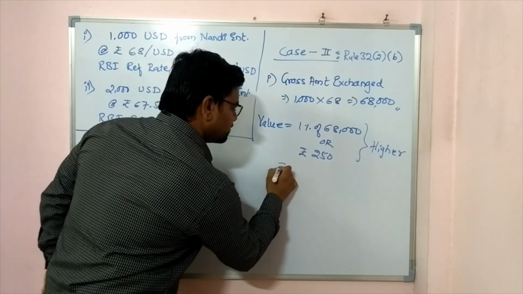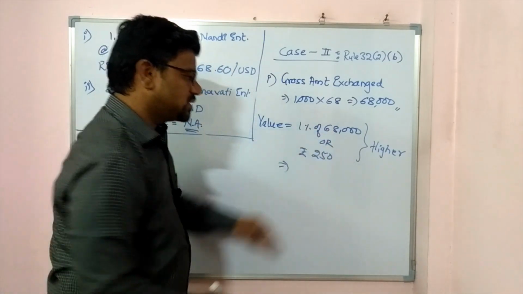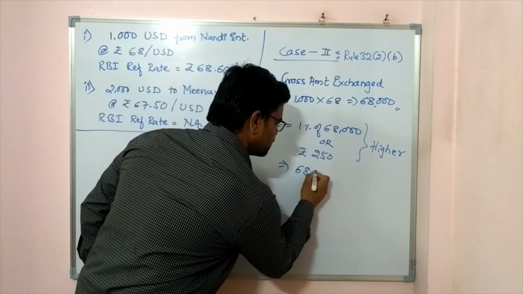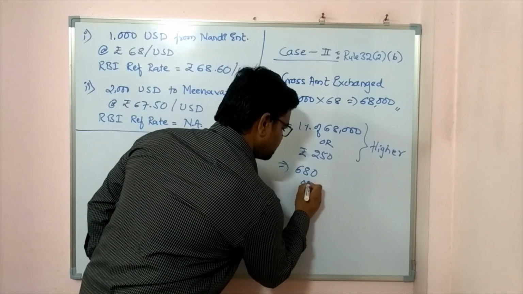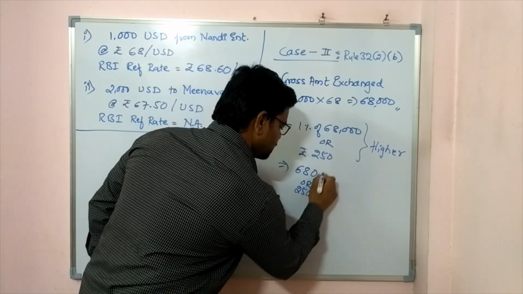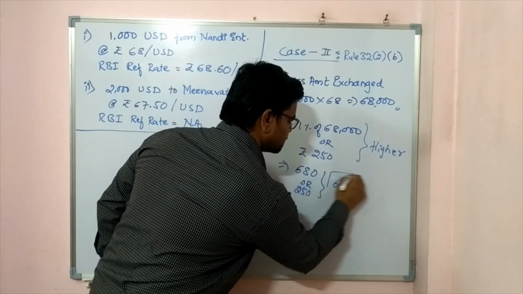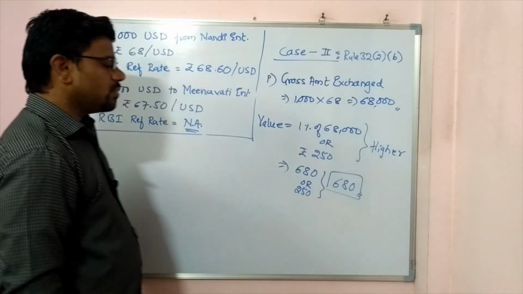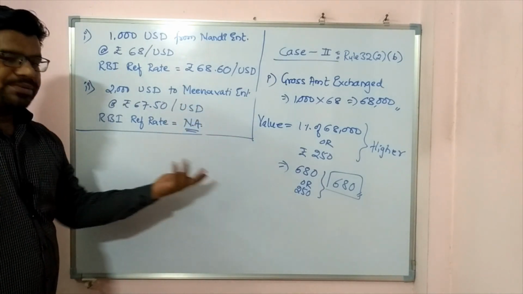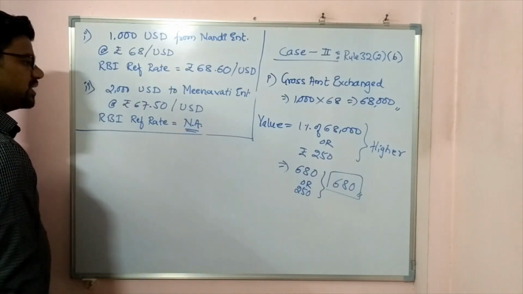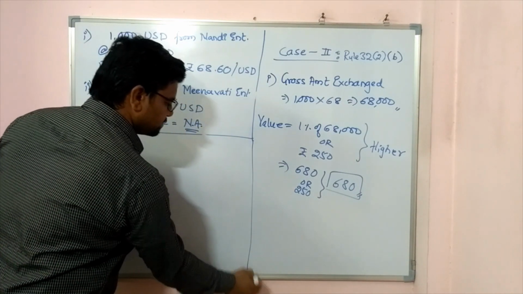Now I completely understand that 1% of 68,000 is 680 rupees, or 250, whichever is higher, that is 680. Now this is my answer. The problem is over. It is as easy as that. It is as simple as that.